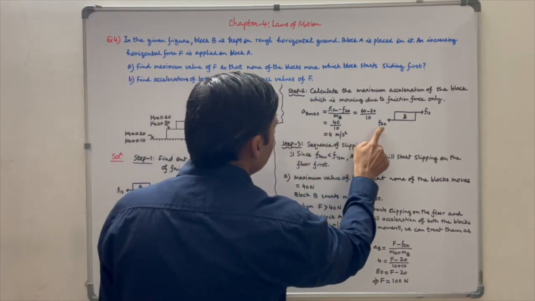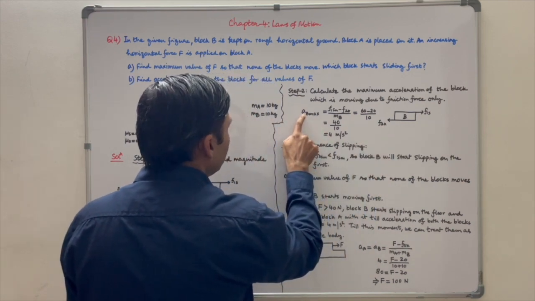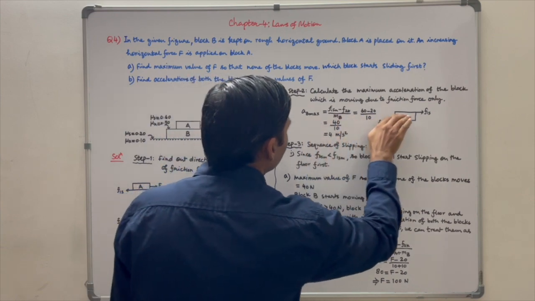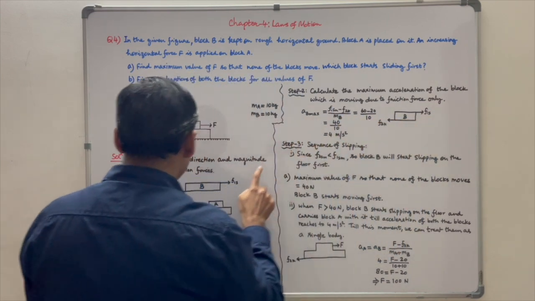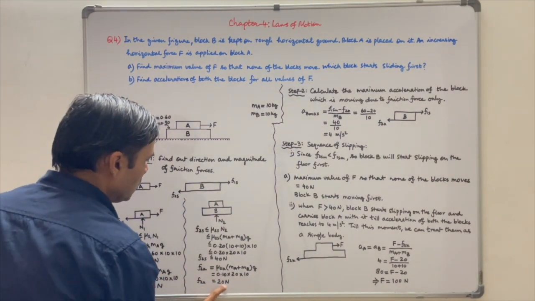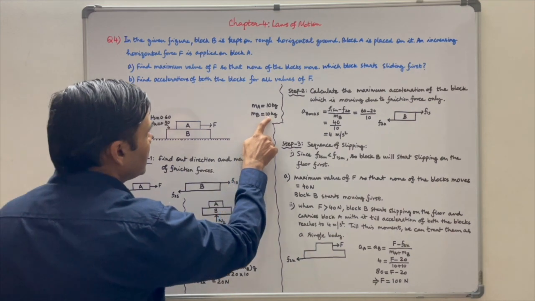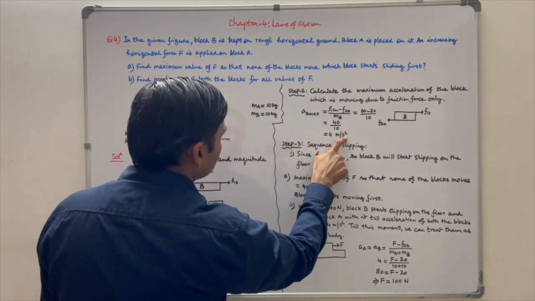It is represented by F2K. So maximum acceleration of block B is given by AB max is equal to F1SM minus F2K upon MB. F1SM we have calculated as 60 Newton and F2K is equal to 20 Newton. MB is 10 kg. So AB max is equal to 4 meter per second square.